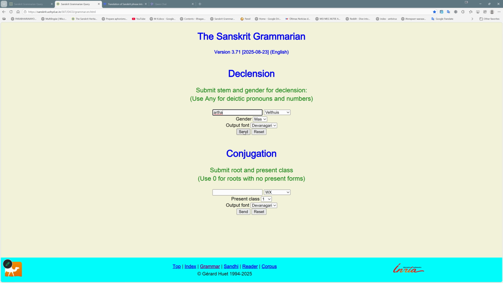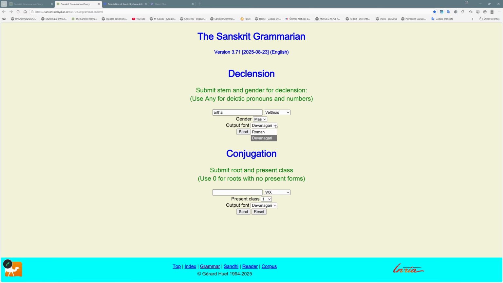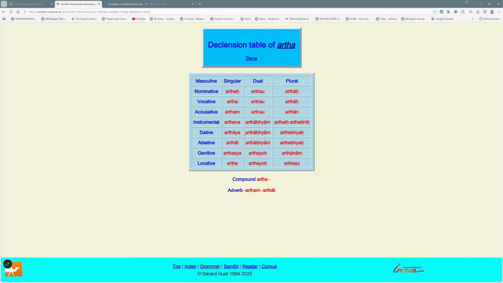Okay, masculine, declension. So we send the declension. Give me Roman. We check ablative case. Ablative case in singular, arthat. Look at that. Good.